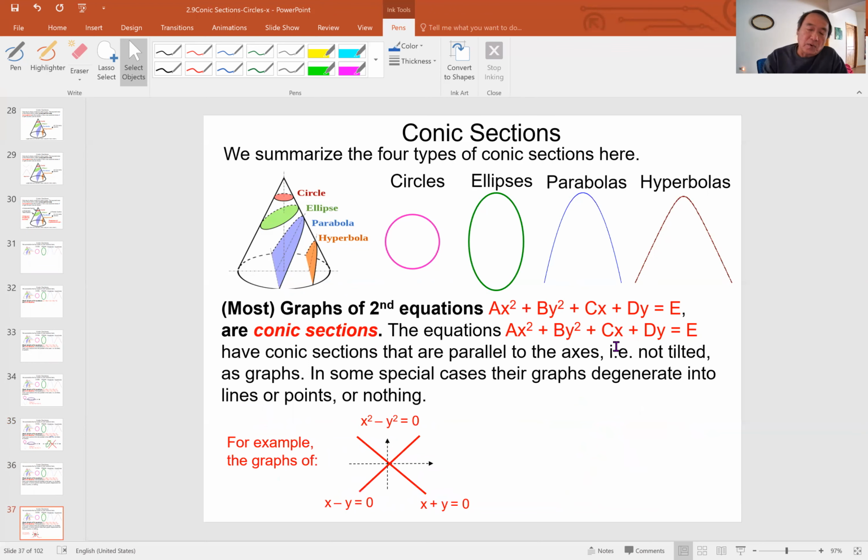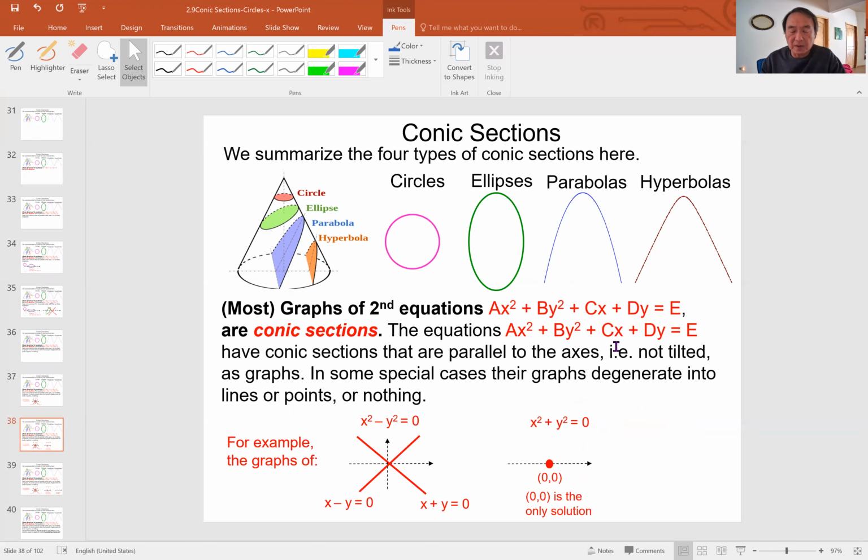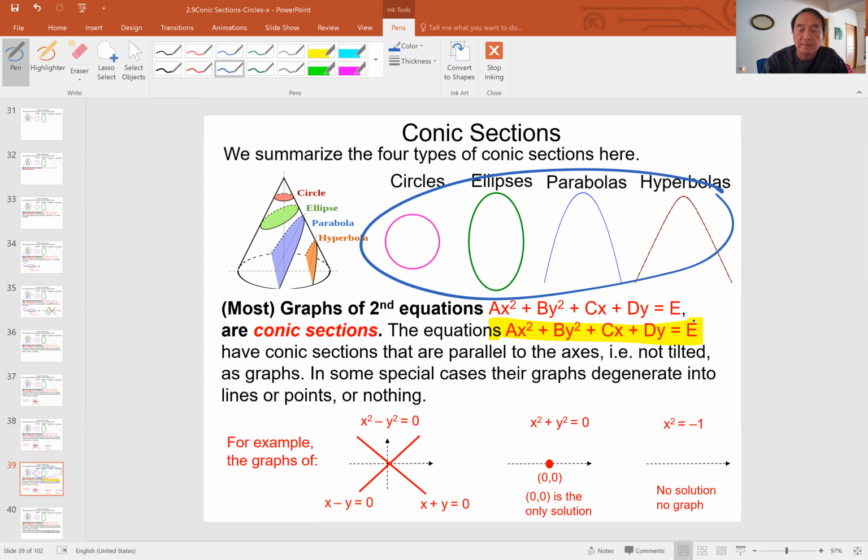Also, it depends on what coefficients A, B, C, D I have, and then I get these kind of strange cases. They might just degenerate into two lines. It might be just a point. It might be no graph at all. Okay, so we're not talking about these things. So in general, I will get from these equations these four different types of graphs.